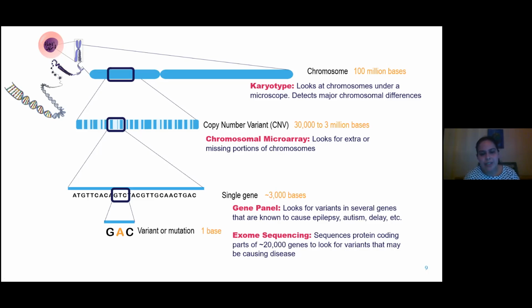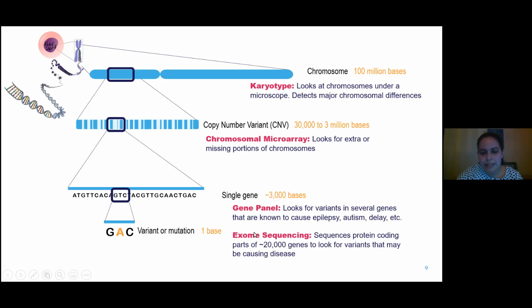And the idea is, with a panel, there are many different genes in our bodies, but when a genetic testing lab makes a panel, they put together a certain number of genes that are associated with a certain disease, like epilepsy or autism. And they look specifically at the spelling of that gene to see if there are any harmful changes in that gene that they think is causing disease in the person that they're testing.